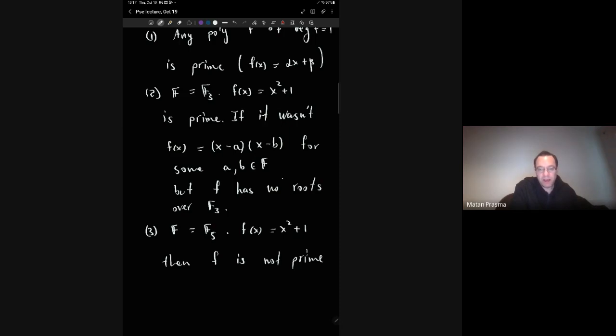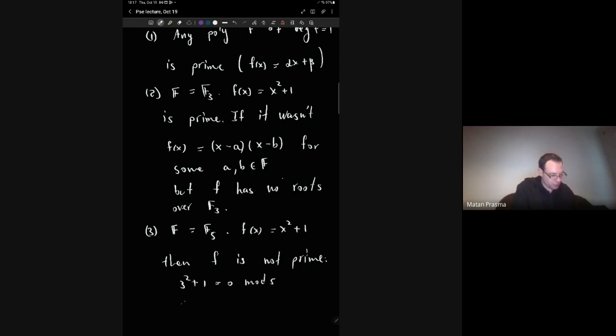In fact, 3 squared plus 1 is 10, which is 0 modulo 5.